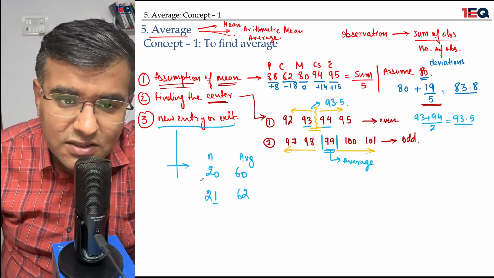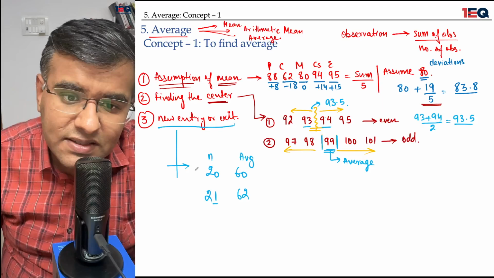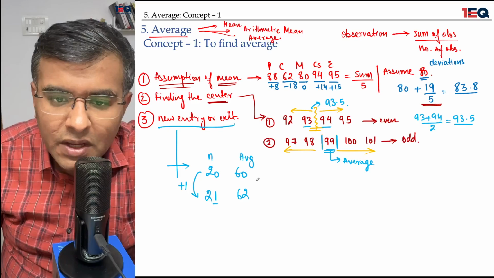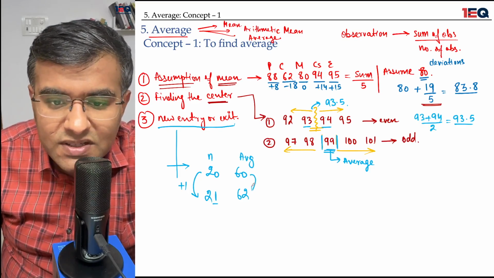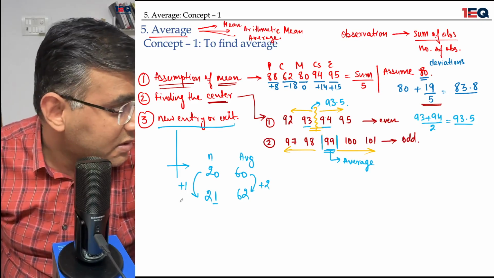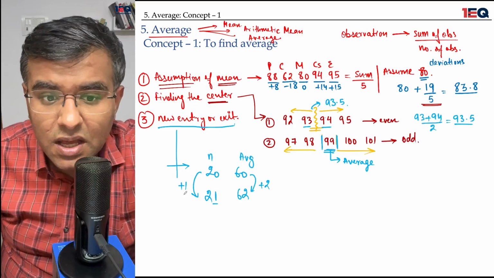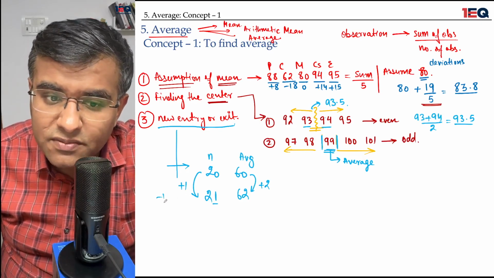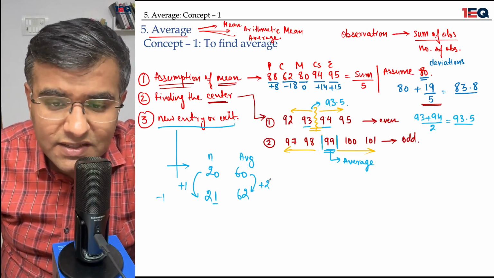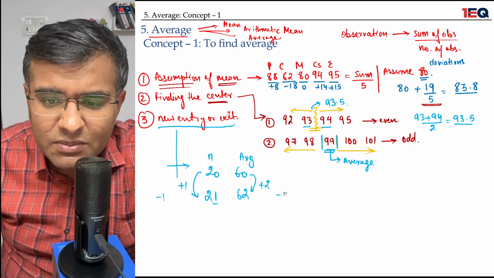So in such a situation, I'm talking about new entry or new exit. There was an entry over here that signifies +1, and because of that entry there was an increment of +2. Now there can be situations where this +1 could be -1, and similarly this +2 can be -3.